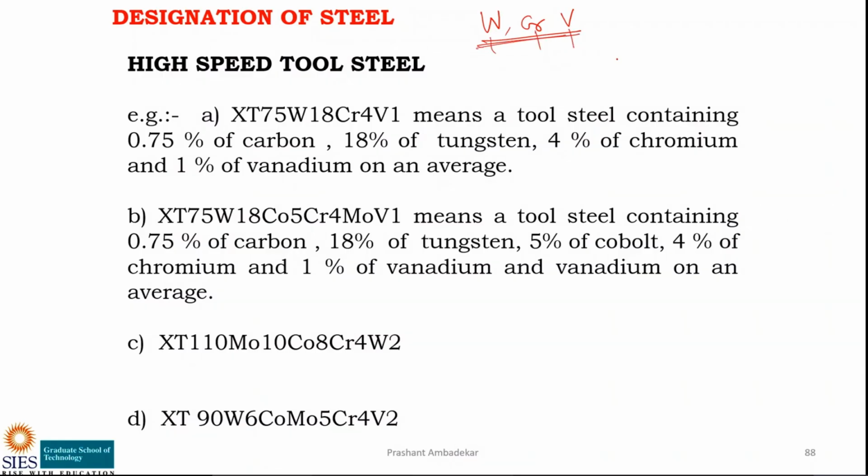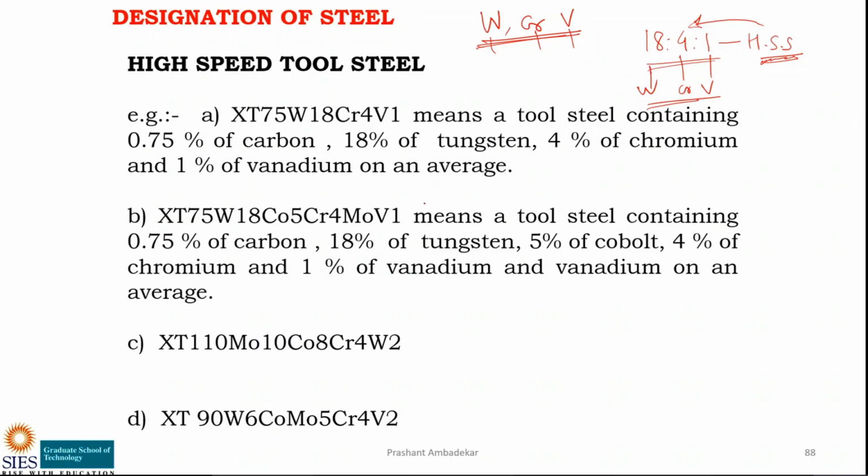In fact, 18:4:1. This is high speed steel, HSS, which you must have heard about in machine shop or in any machining related subject. 18-4-1 high speed steel. So this is tungsten, chromium, vanadium. This is a fixed constitution, so it is sometimes also called 18-4-1 HSS.